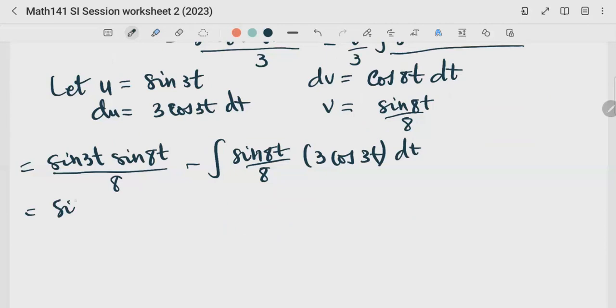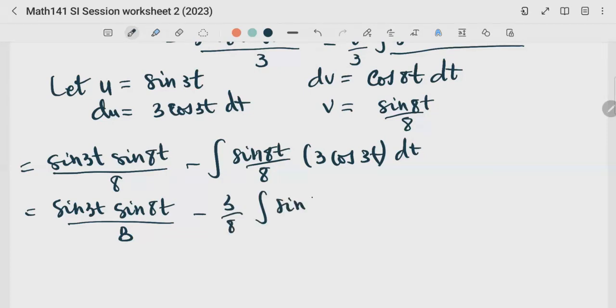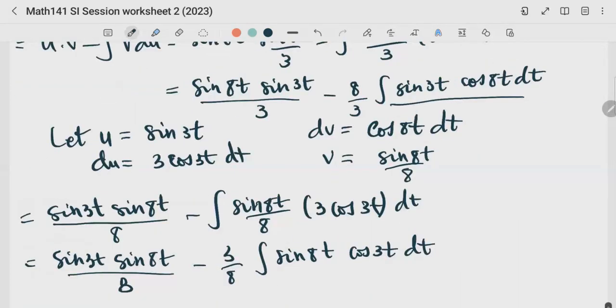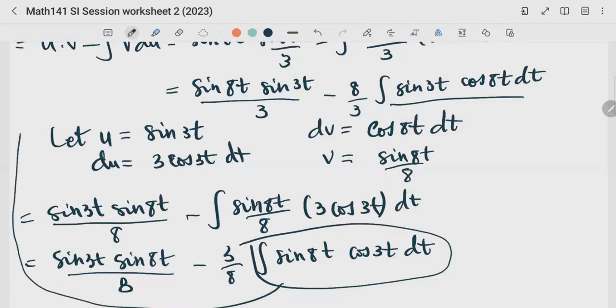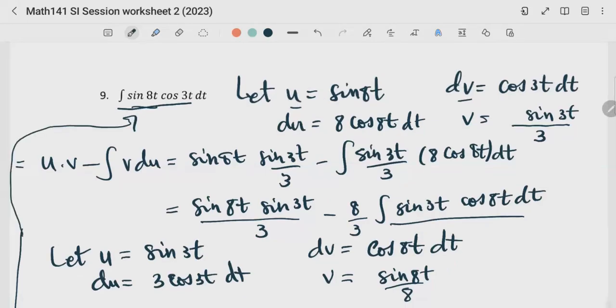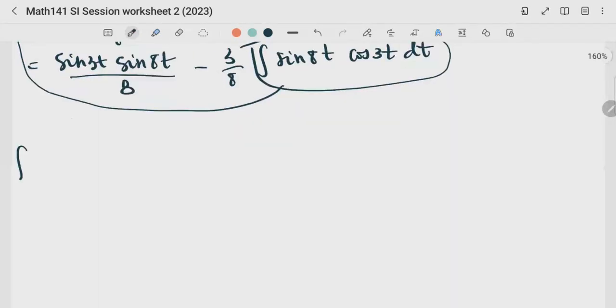So you have sine 3t sine 8t all over 8 minus 3 over 8 times the integral of sine 8t cos 3t dt, which, if I'm not mistaken, is the same as our original function, right? Which you guys can find up here. So that means that the original function, which was the integral of sine 8, yes.